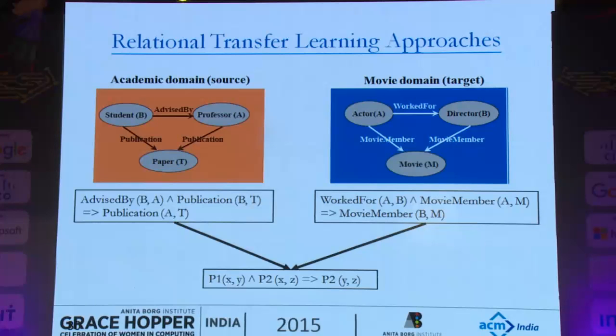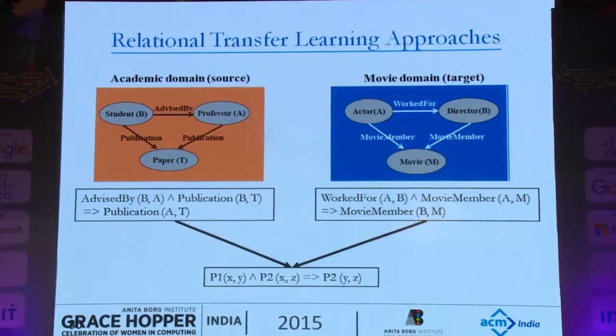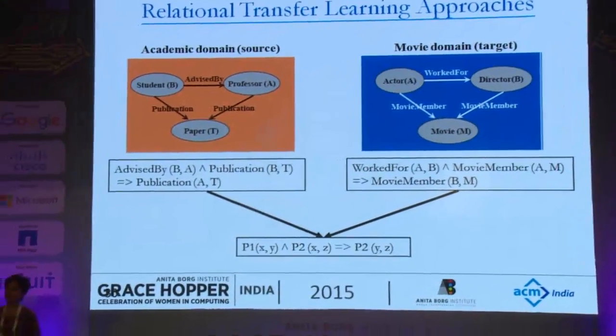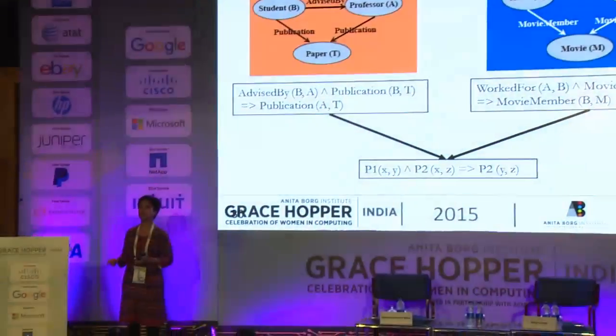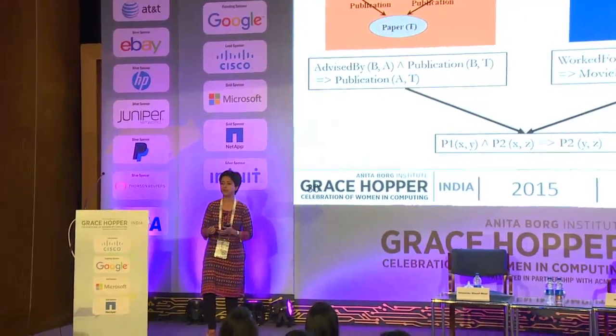I want to change the weight function itself. So I try to segregate which part of the weight function is common across the two domains, and I also segregate the source domain specific weight function, so that in the target domain I only have to learn the target domain specific counterpart of this weight function.